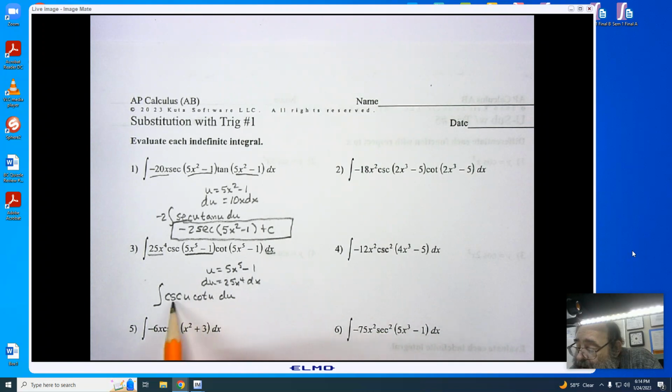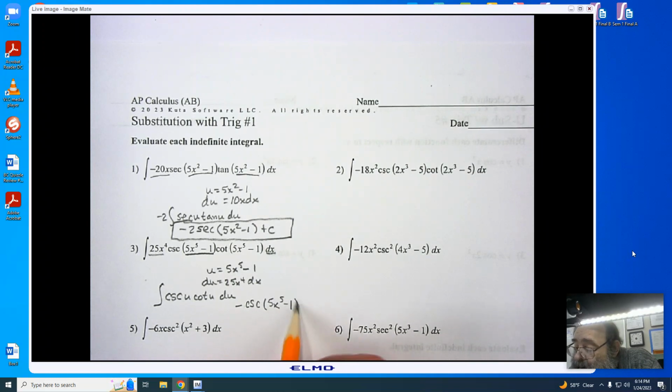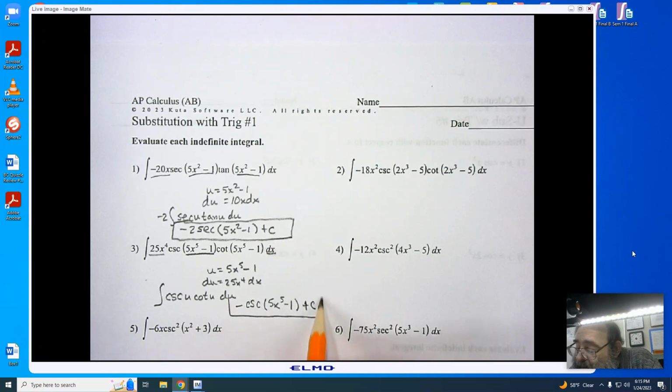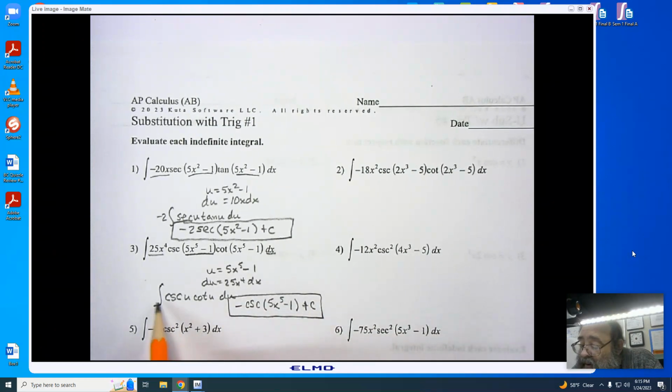I'm now looking at this as the integration, and I know that it's going to be a minus sign, or pardon, minus cosecant. So I have minus cosecant of u, 5x to the fifth minus 1, plus c.